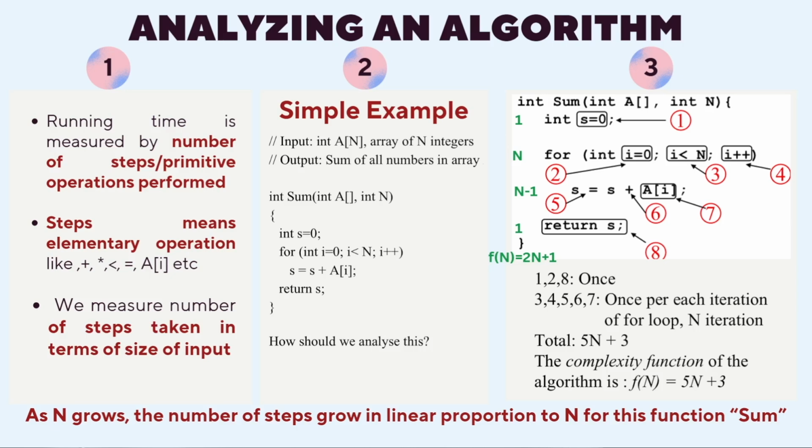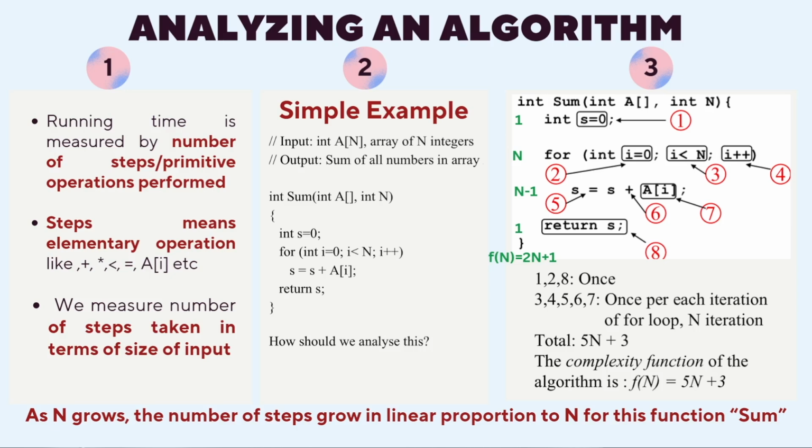The last statement, being a return, gets executed only once. When we sum up, we get f of n as 2n plus 1. This is how we measure the complexity of an algorithm as a function of the number of steps involved.